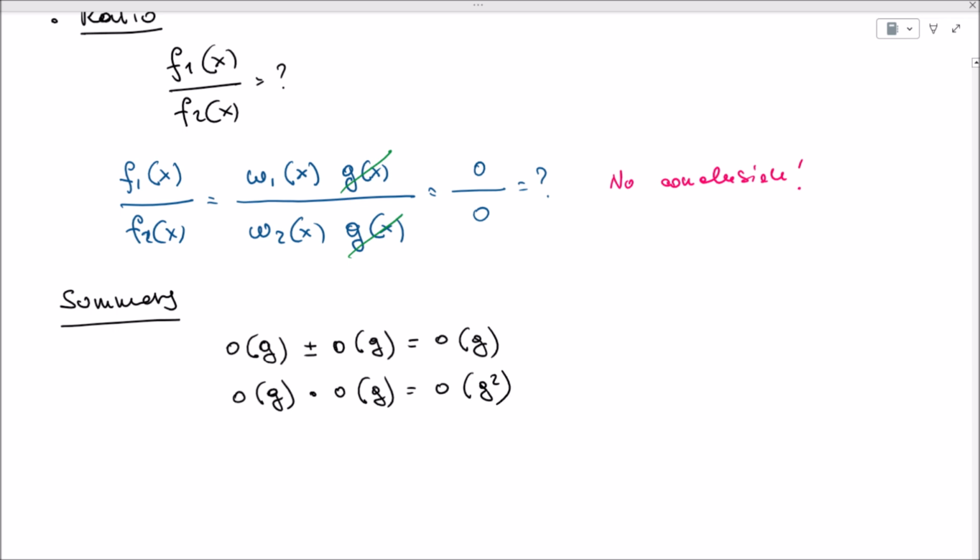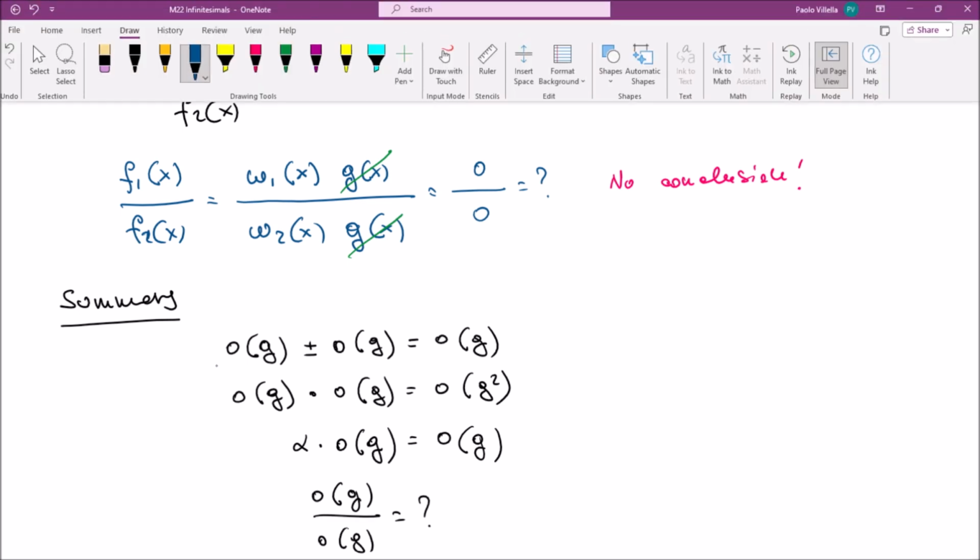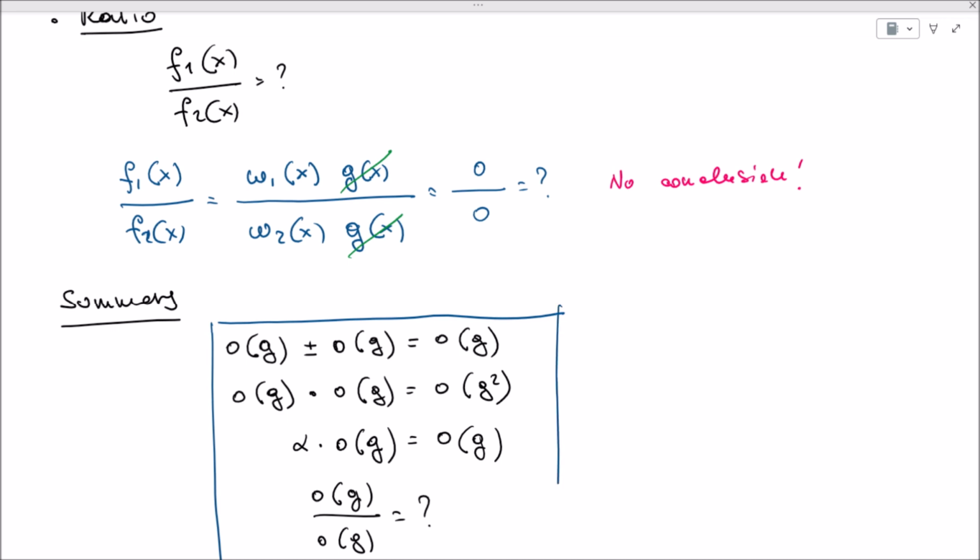Then we saw also that if we have alpha times little o of g, we know that this is little o of g once again. And unfortunately, we cannot say anything about little o of g divided by little o of g. This will remain unexplored. So these are the results that we found so far.